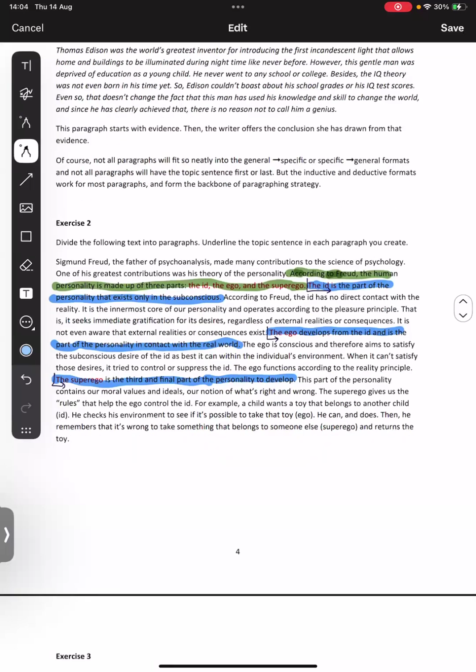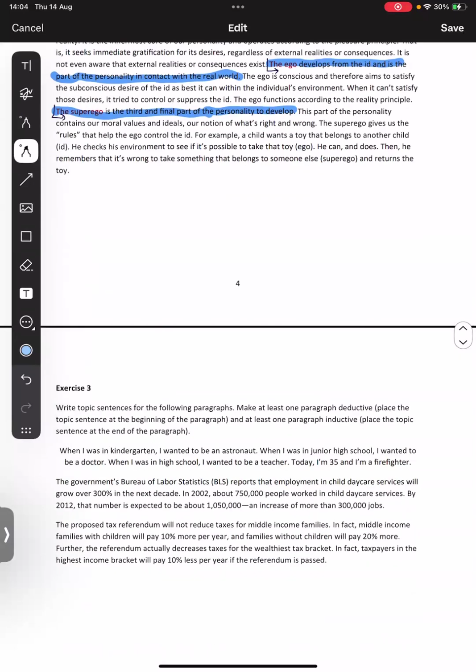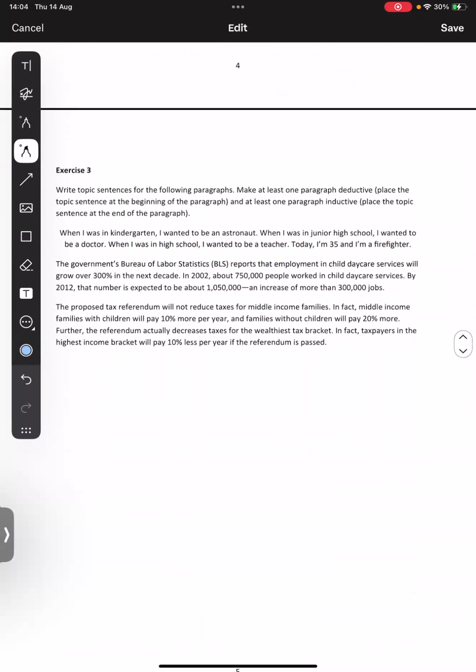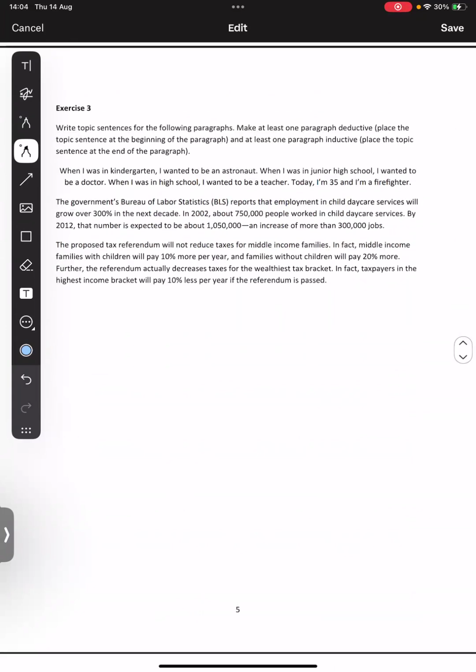Now, let us have a look at exercise 3. We're going to be practicing writing a topic sentence. So our goal is to understand how to use different styles to organize a paragraph.